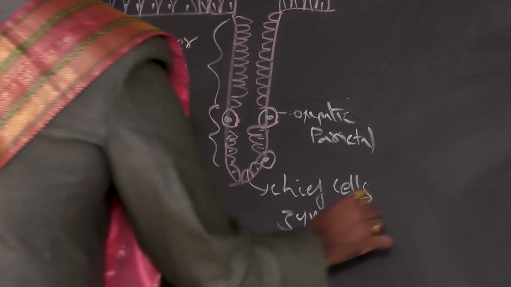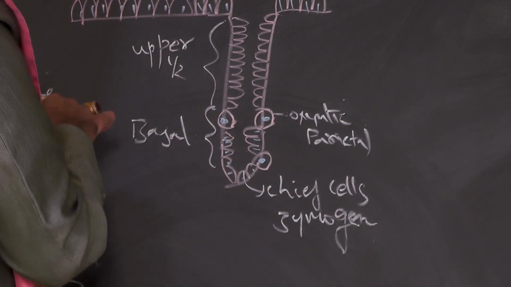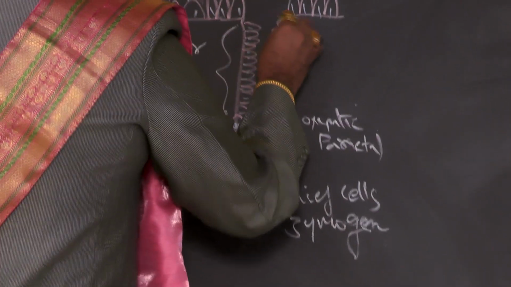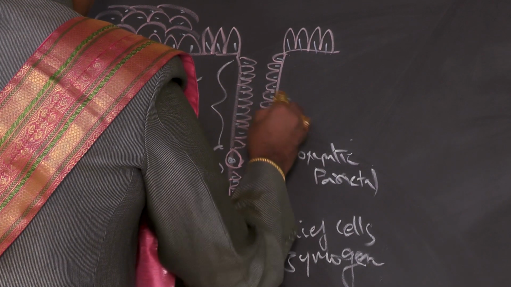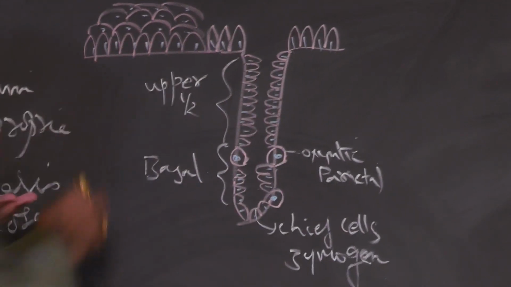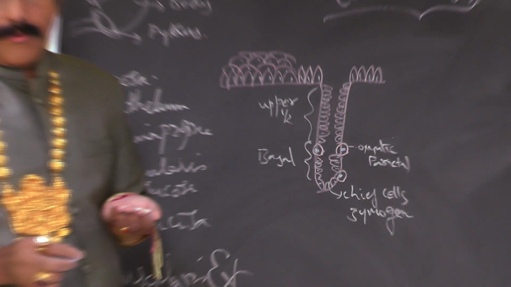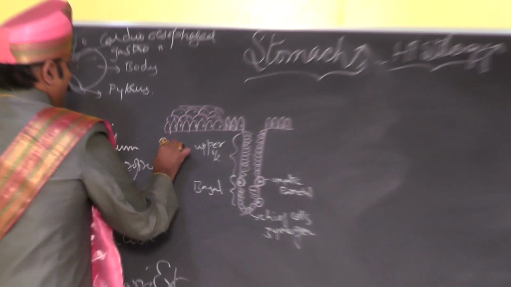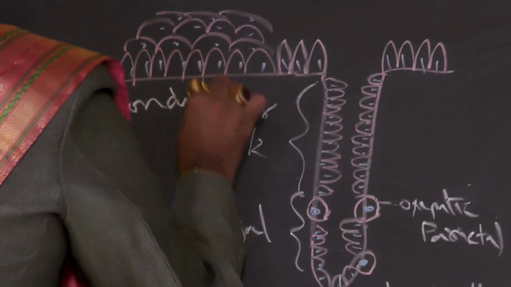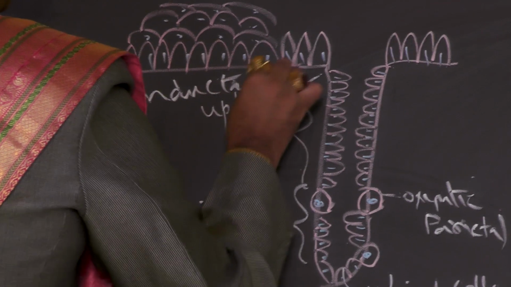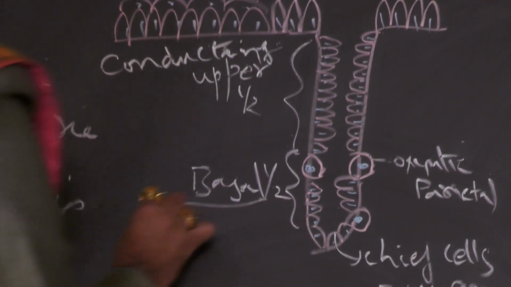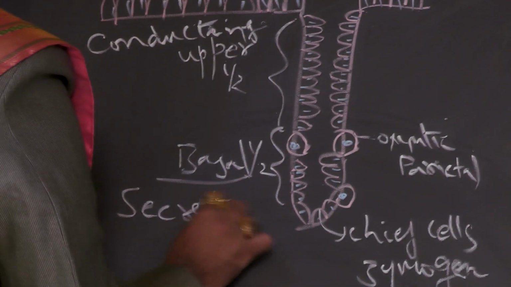Then you have the nuclei present in the short columnar cells that are occupying the upper half of the lamina propria. This upper half is acting like the conducting part, and this basal half is acting like the secretory part.